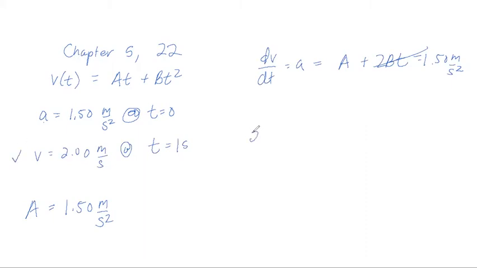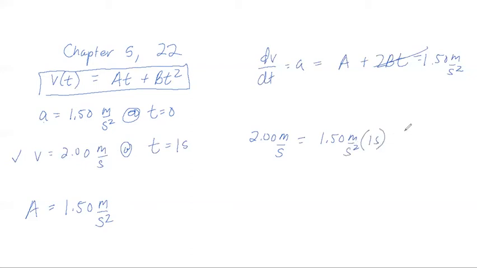So V is 2.00 meters per second. I'm going to use this equation. V is going to be equal to 1.50 meters per second squared times t, which is 1 second, plus b times 1 second quantity squared.